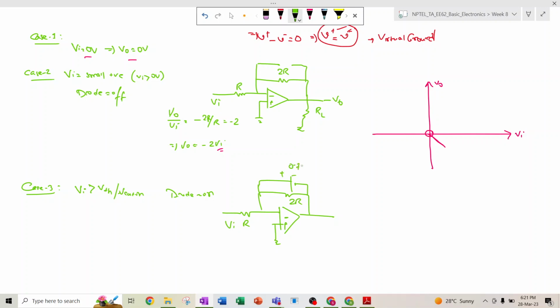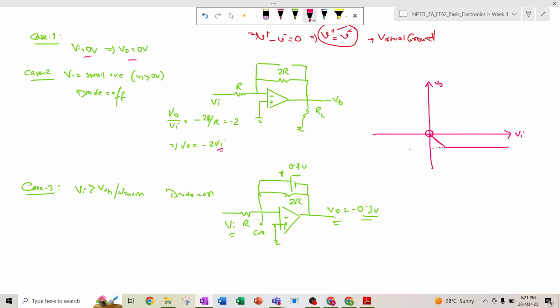This is 0.7 volt, with the negative terminal and the positive terminal, and this is the output Vo. This is ground, so this terminal also becomes a virtual ground using the virtual ground concept, and the Vo terminal sticks to minus 0.7 volt. After that, if we increase Vi more, Vo doesn't change, it will be fixed at minus 0.7 volt.